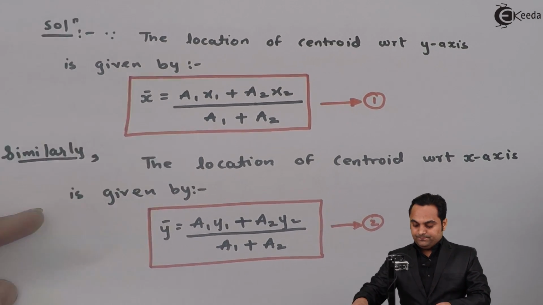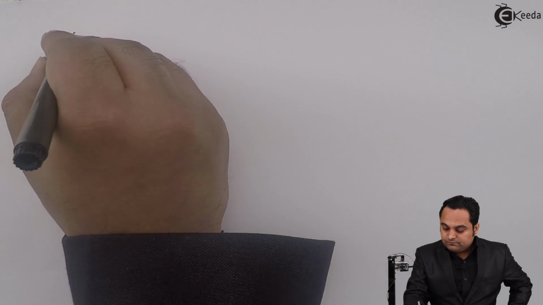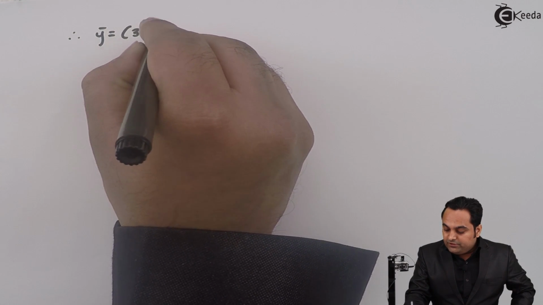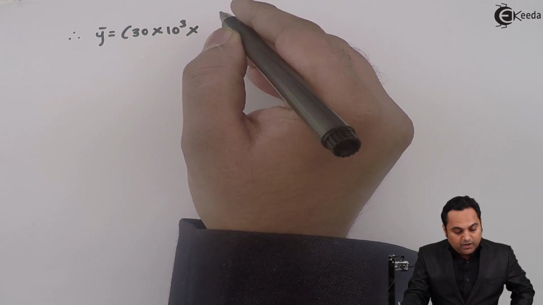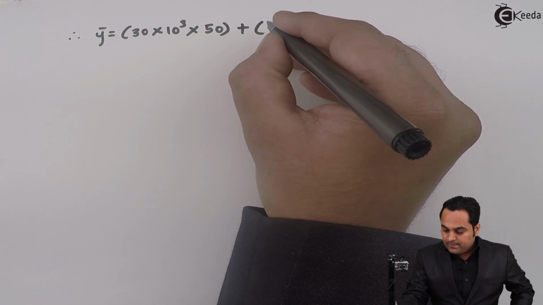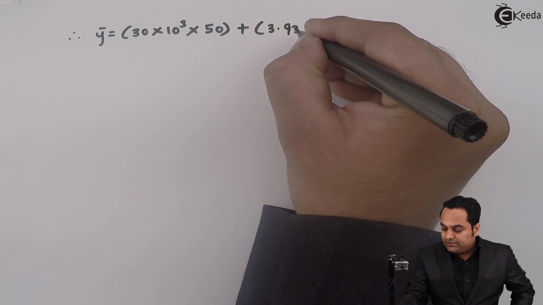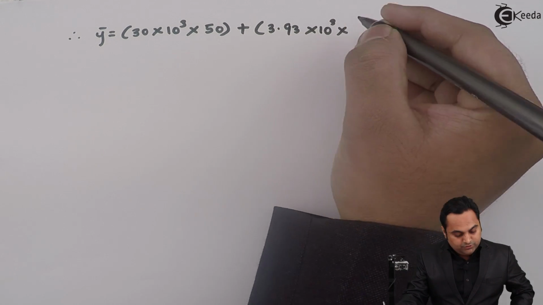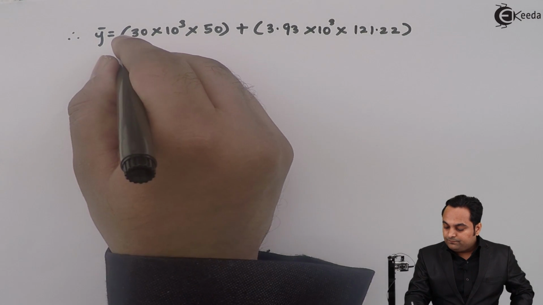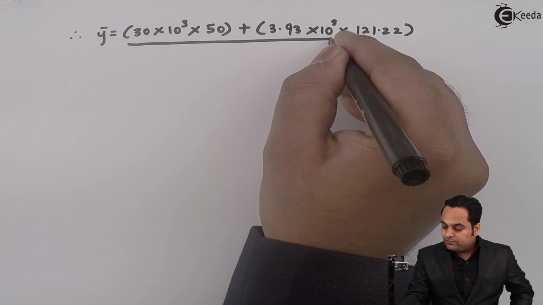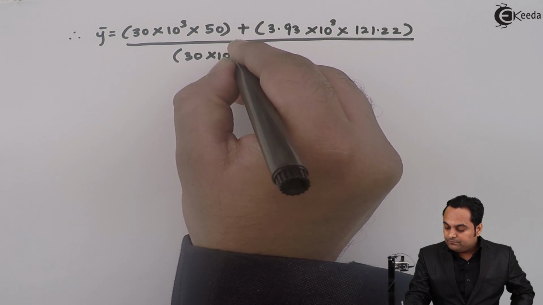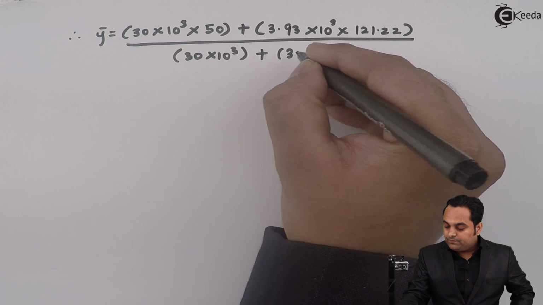So therefore y bar is equal to a1, it was 30 into 10 raised to 3, y1 50 plus a2 3.93 into 10 raised to 3 into y2 121.22 divided by area 1 plus area 2.